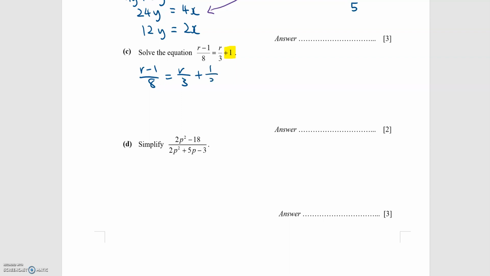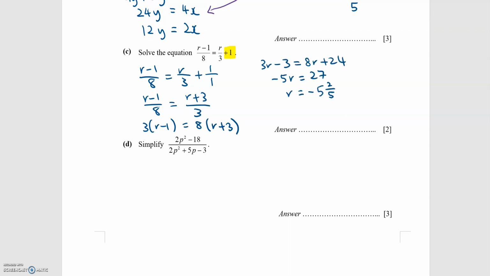Changing it into a fraction means that I want it as 3 over 3 because I want to combine the two fractions on the right hand side. So r minus 8 is r plus 3 over 3. Then you do your cross multiplication again. And then you should be able to solve for this. Solving it should give you r equals to -5 and 2 over 5.